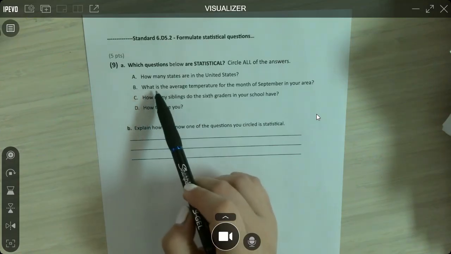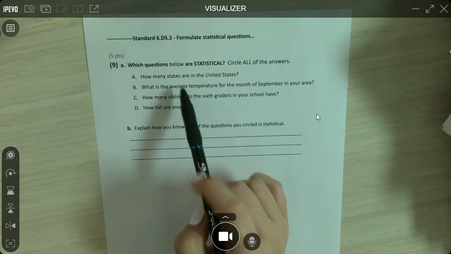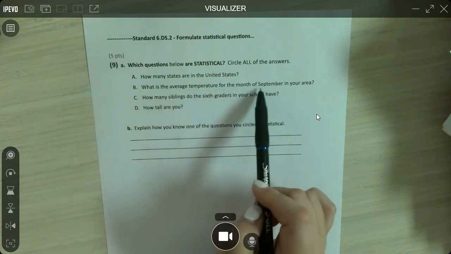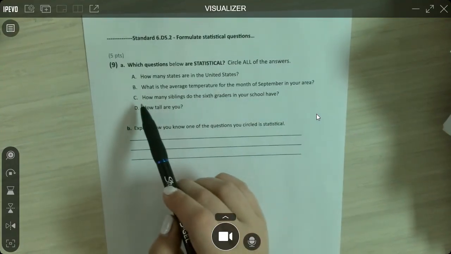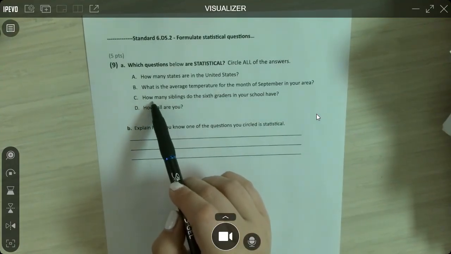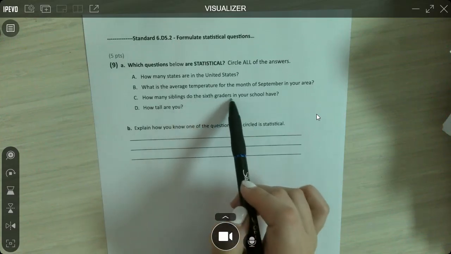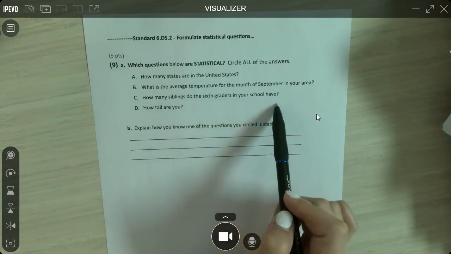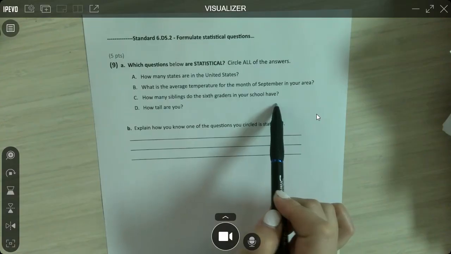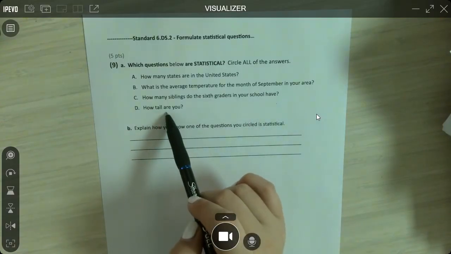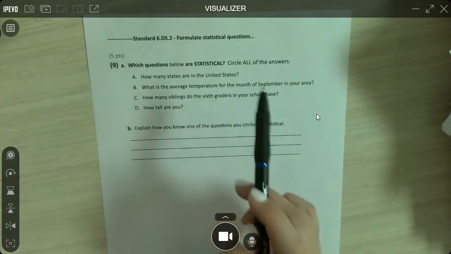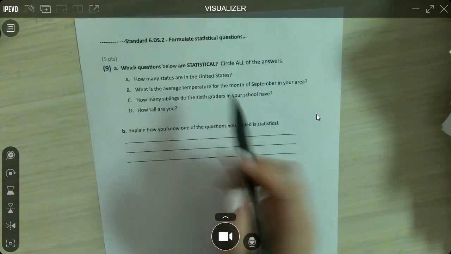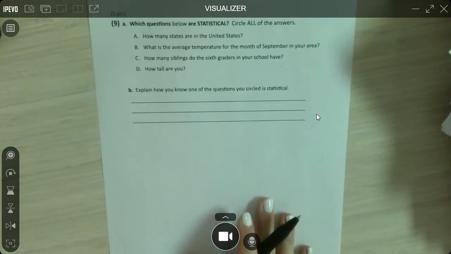Option B says what is the average temperature for the month of September in your area? C says how many siblings do the 6th graders in your school have? And D says how tall are you? You're going to circle all of those that are statistical questions.